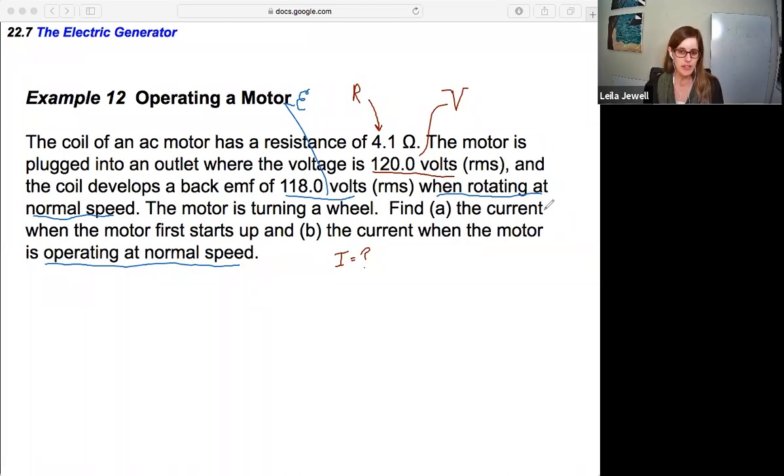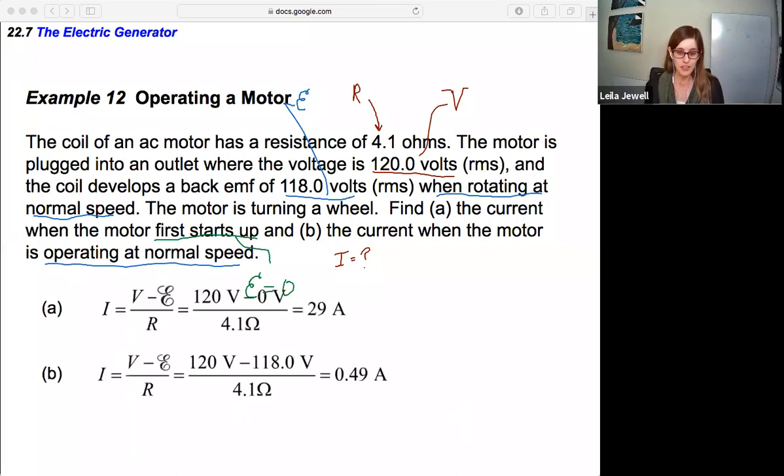But in A, it's when the motor first starts up. When the motor first starts up, how much is it rotating? It's not rotating. If it's not rotating, there's no back EMF because the EMF only occurs as a result of that rotation. So the back EMF is 0 when it's first starting up and it's not yet moving. This greatly impacts how much current there is.